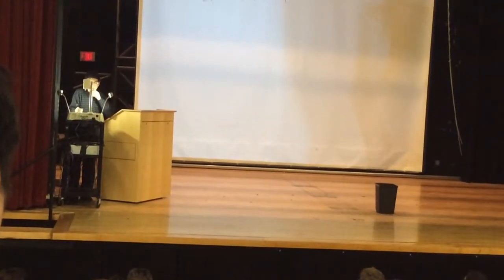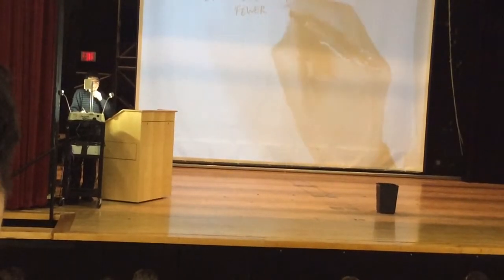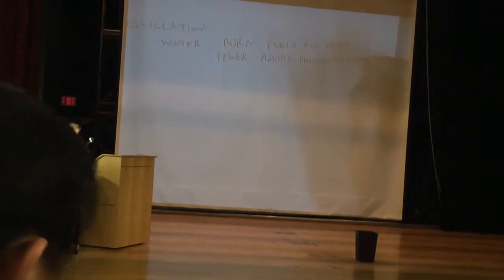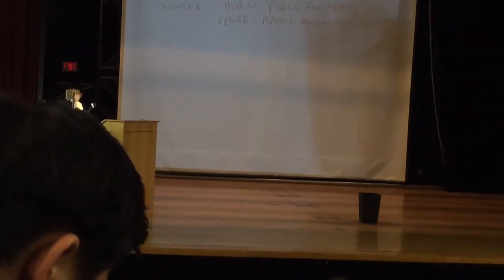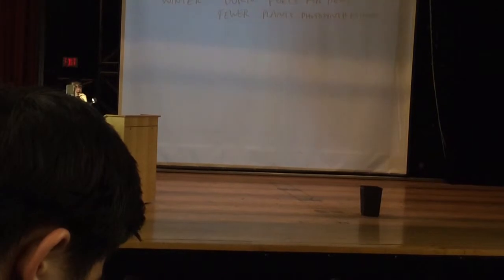With that, fewer plants photosynthesizing, not perspiring. So in the winter, there is less light available for photosynthesis because the days are shorter. Temperature is a lot colder. Many plants are either dead or dormant.